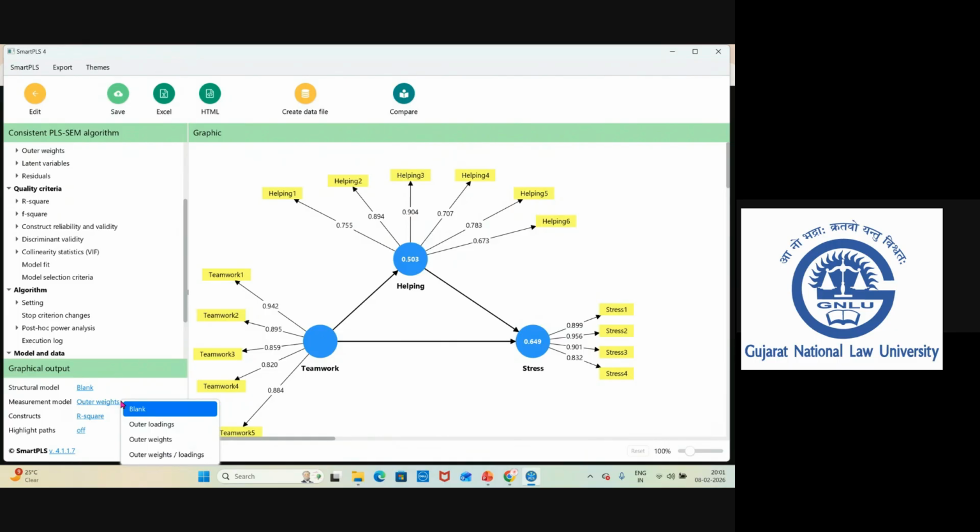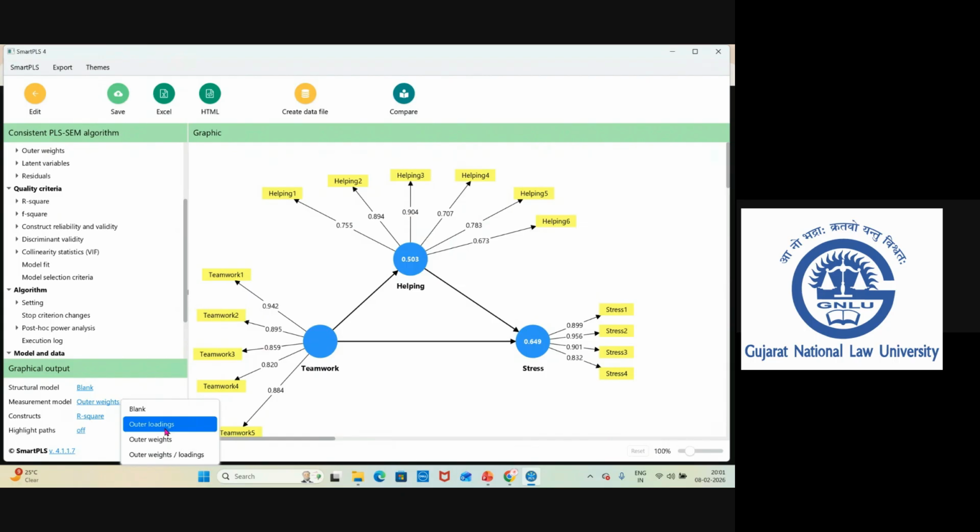Now coming to the outer weights, measurement model. We already completed the factor loadings. Now you want to see the Cronbach alpha, composite reliability, the AVE, construct validity, and discriminant validity.